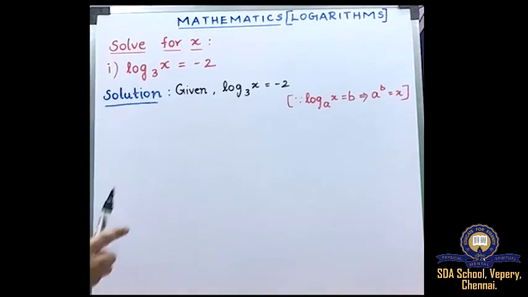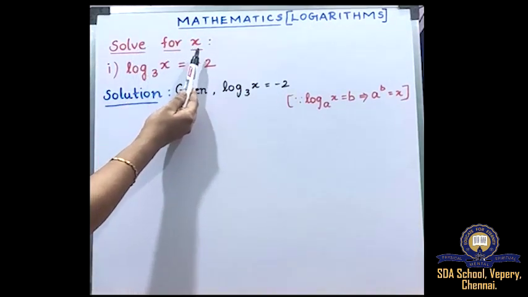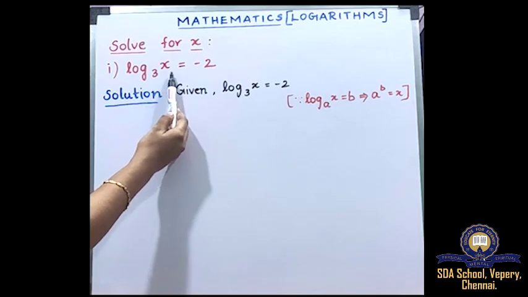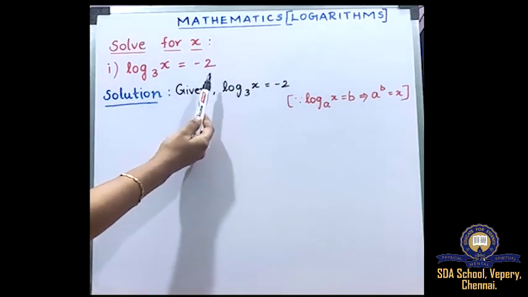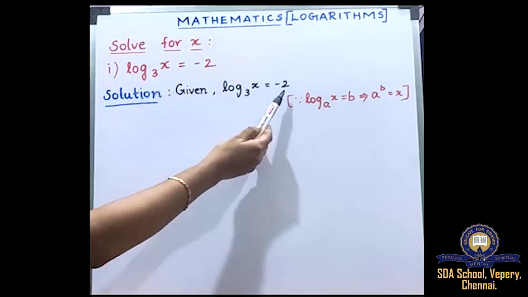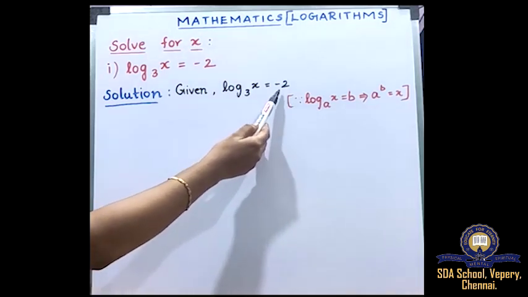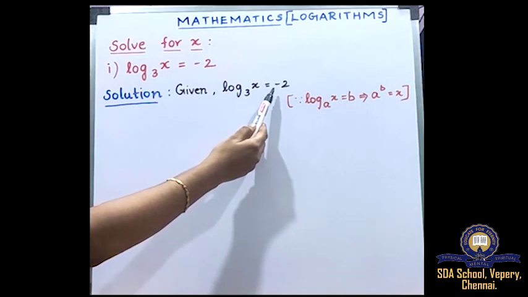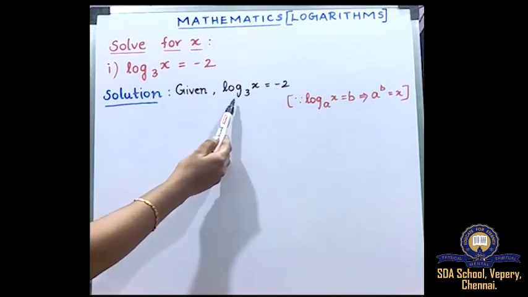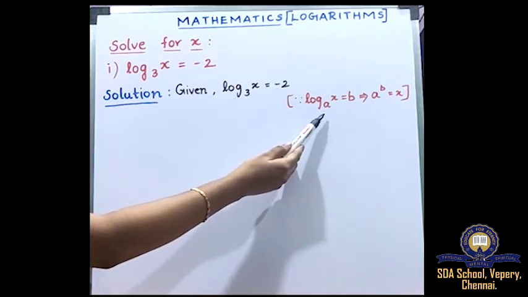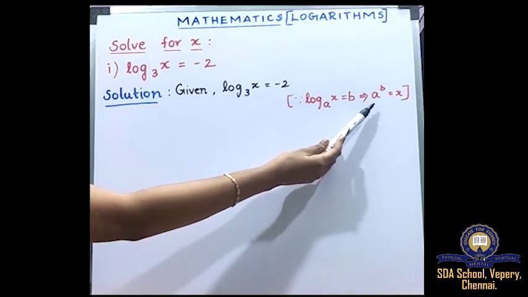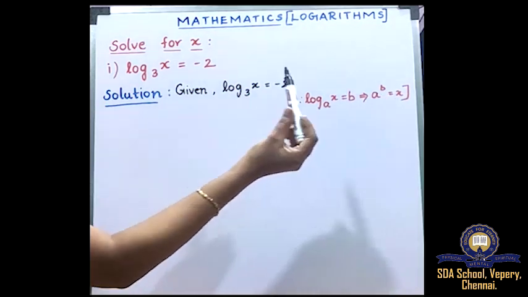So the next question is, solve for x. We have to find out the value of x in the given equation. So writing the given question, the first step is we need to convert the given equation to exponent form. It is in logarithmic form, right? So according to the exponent form, we have to write it in the form of a power b equals x, right?